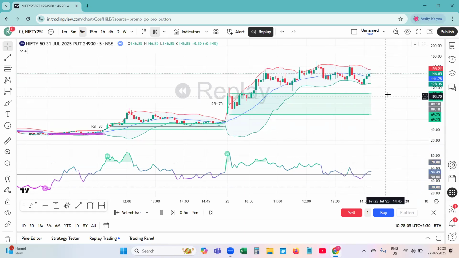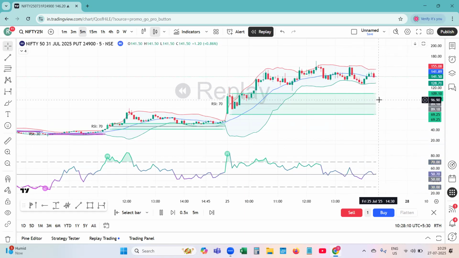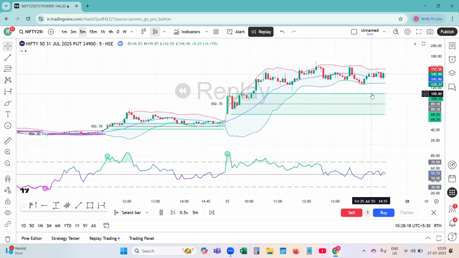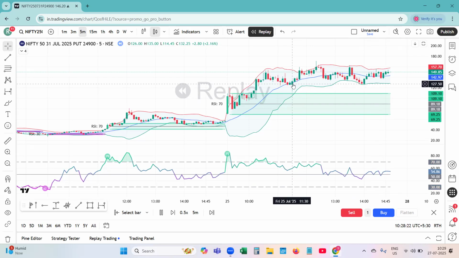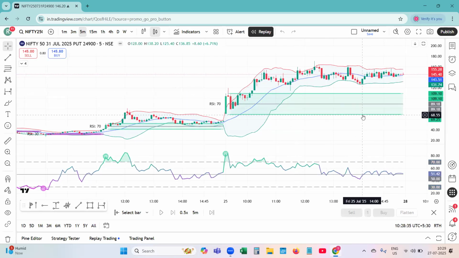Two p.m. No weakness. No dipping down to this area. 108. You can comfortably hold the position when it dipped down around 11:30 a.m. The price was around 113.